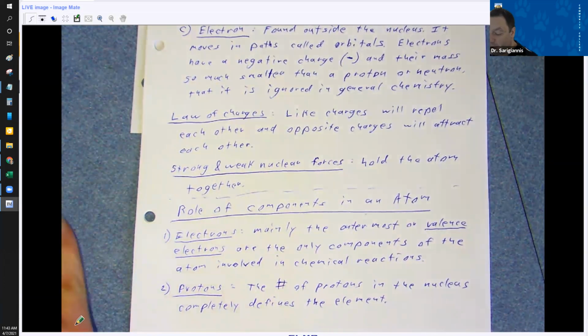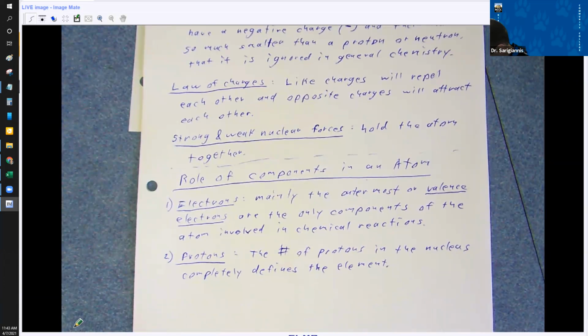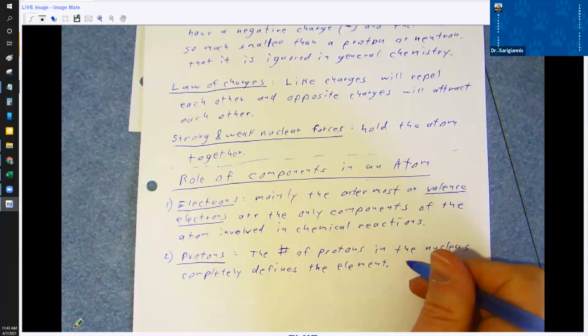What we're going to find is that all atoms of a particular element always have the same number of protons. And this is referred to as the atomic number.